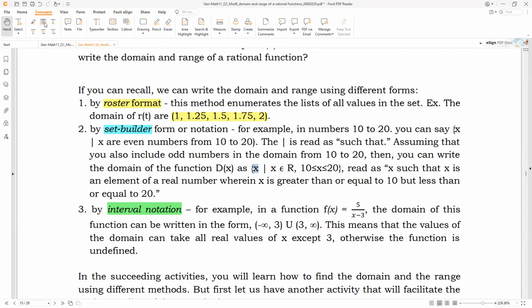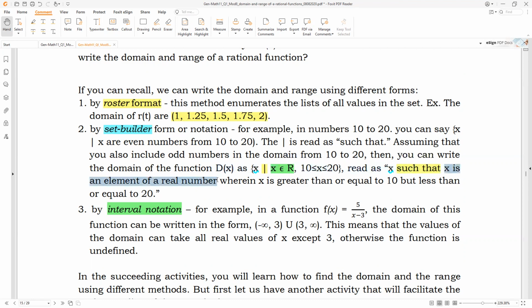Let's highlight this so that you know where exactly it is. So this is green, x like so. This part is highlighted such that x is an element of the real numbers, also in green.